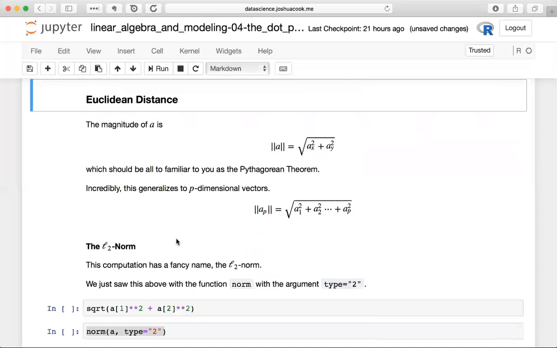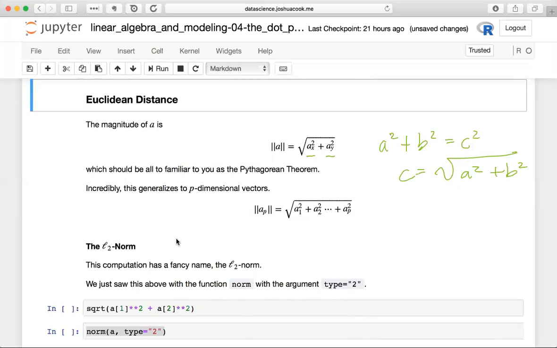The magnitude of A is equal to the square root of AX squared plus AY squared, which is very similar to, maybe you remember this as A squared plus B squared equals C squared. So then C would be the square root of A squared plus B squared. So here we're doing the same thing. We're just using these components of the A vector.